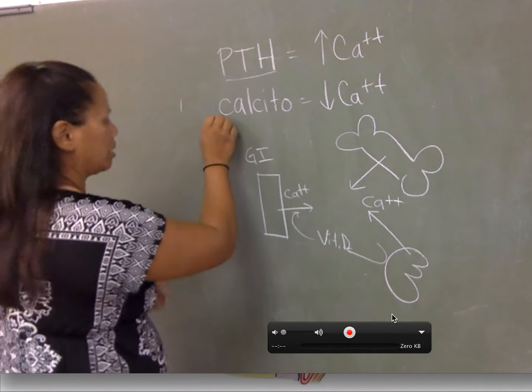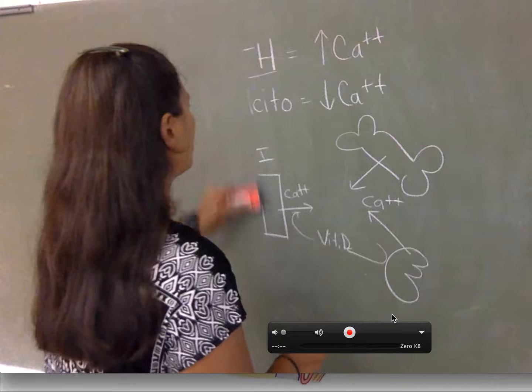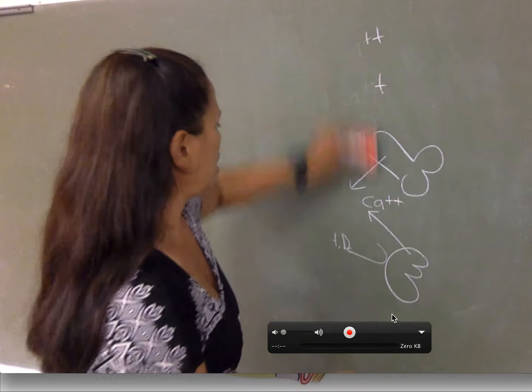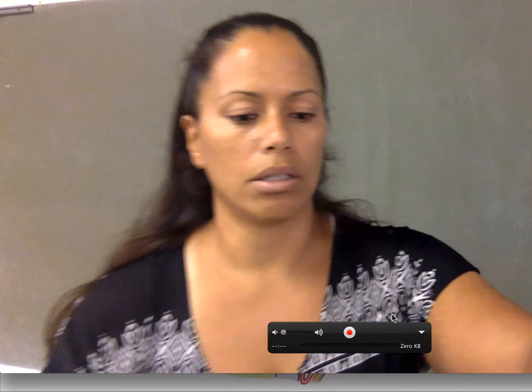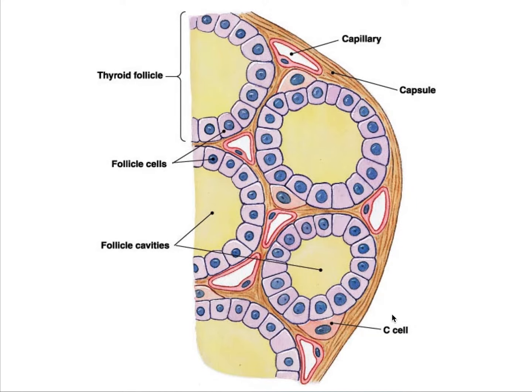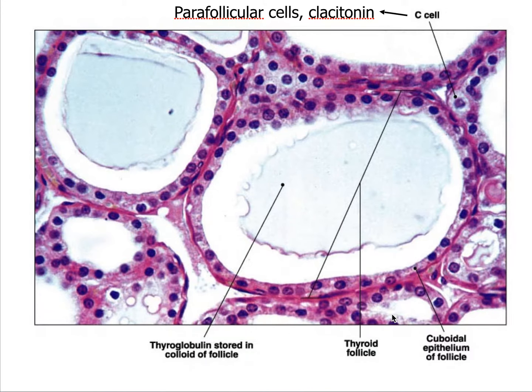In the thyroid gland. So let's take a step back and look at the follicular cell and the parafollicular cell of the thyroid gland. There we go. We took a look at it. Let's move on. So what did I say? Parafollicular cells are also known as C cells. They release calcitonin. What is calcitonin used for?